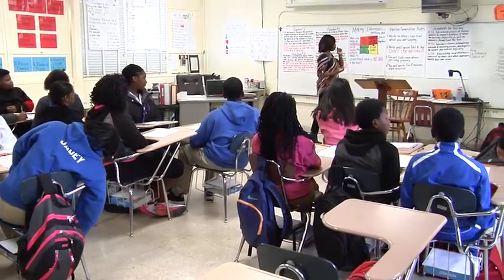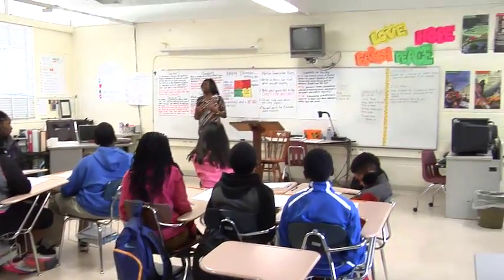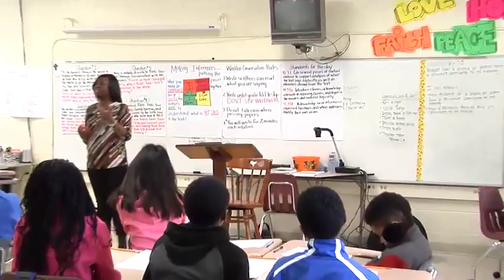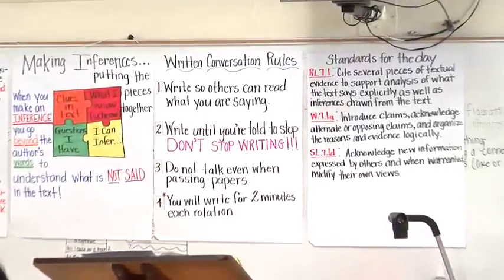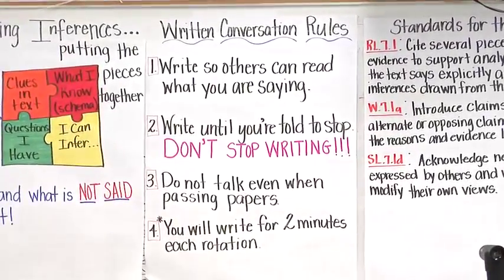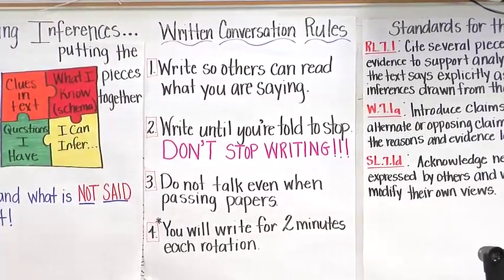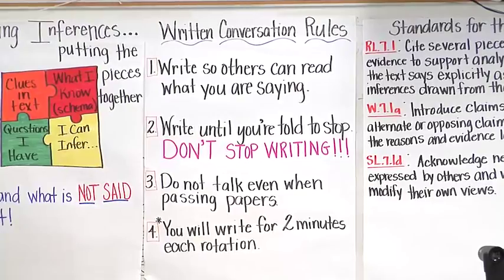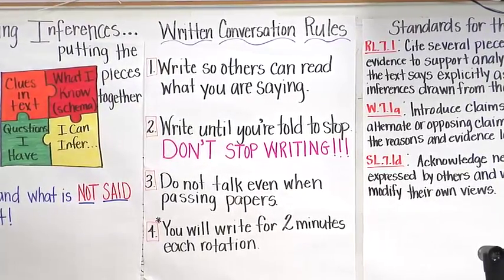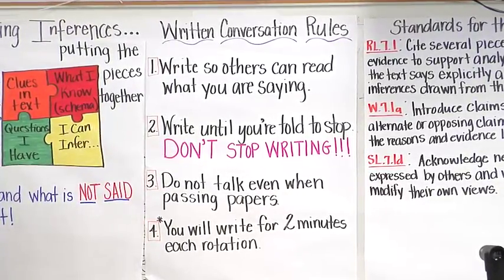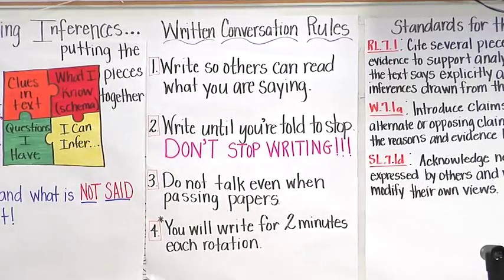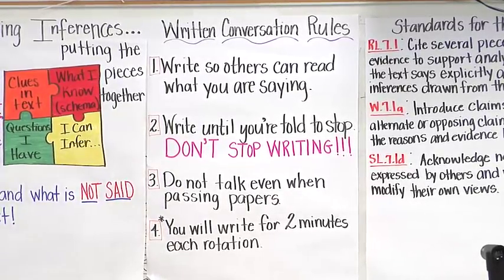Rule number 1, when you write, because you're going to have a sheet of paper, I'm going to give each one of you a question. We kind of talked about the question, but one person is either going to get question 1, one person question 2, one person 3, one person 4. So nobody's going to have the same question, okay?